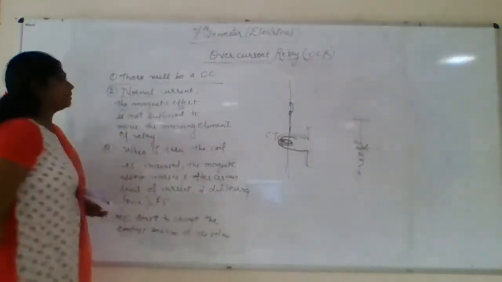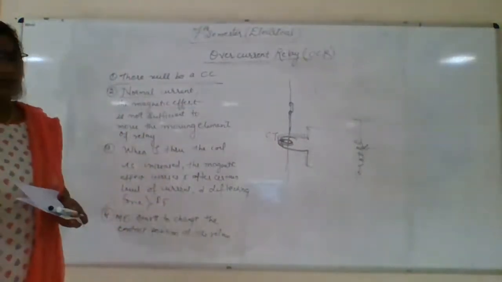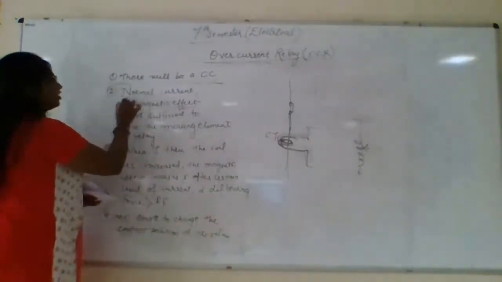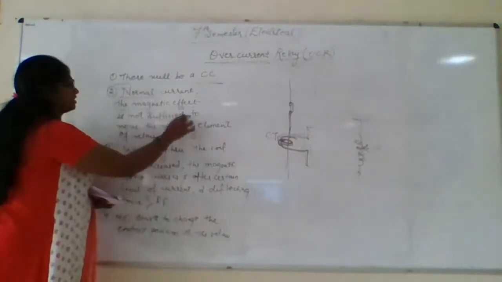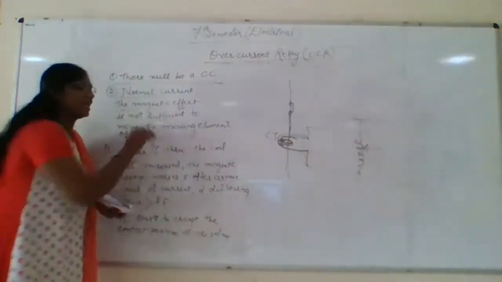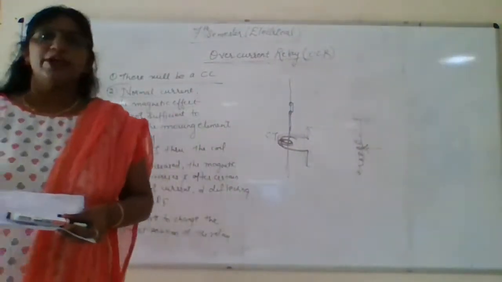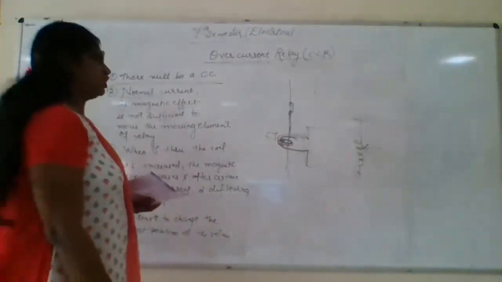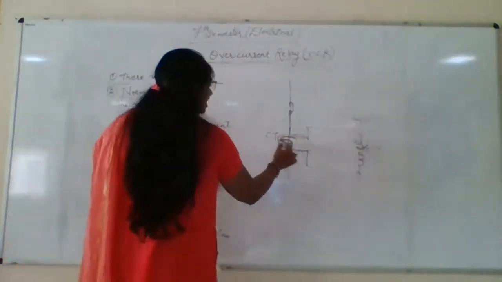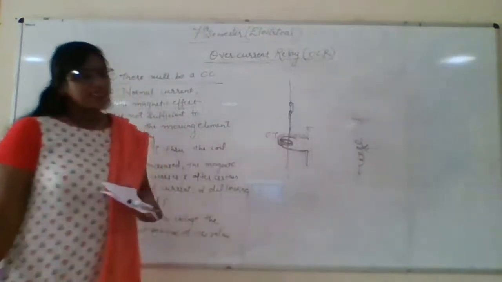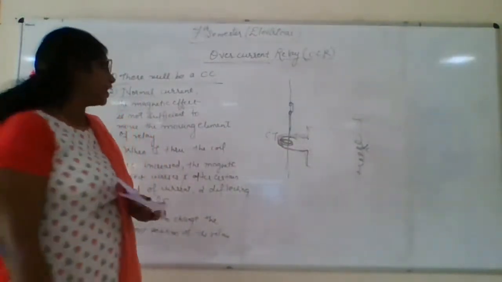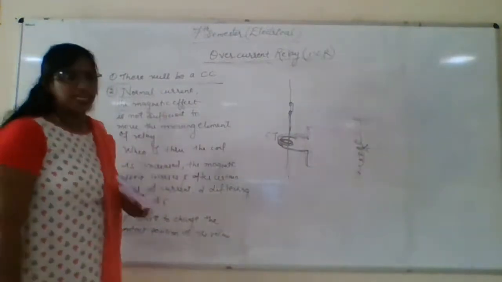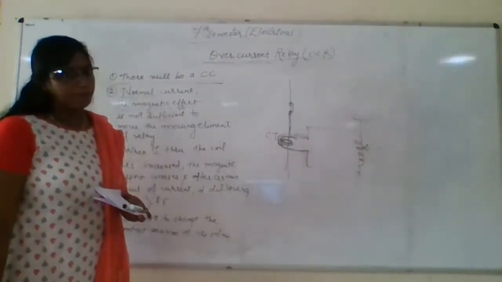During normal current, the magnetic effect is not sufficient to move the moving element of the relay. I already wrote it over here. Means during normal working condition, the magnetic effect of the current coil is not sufficient to move the element of the relay, which is used for tripping the contacts.